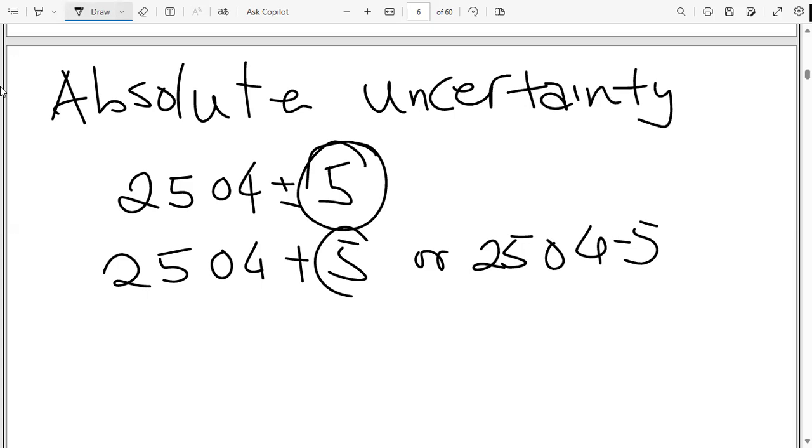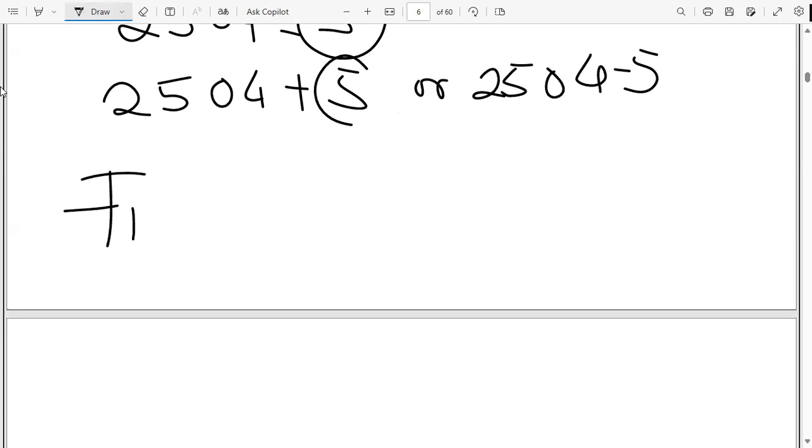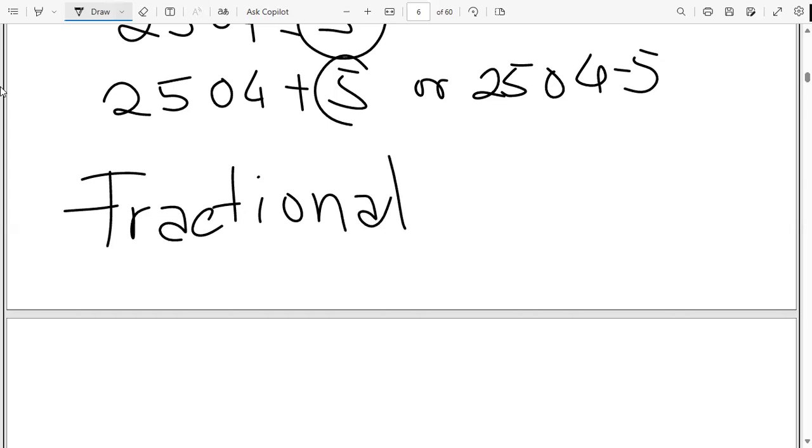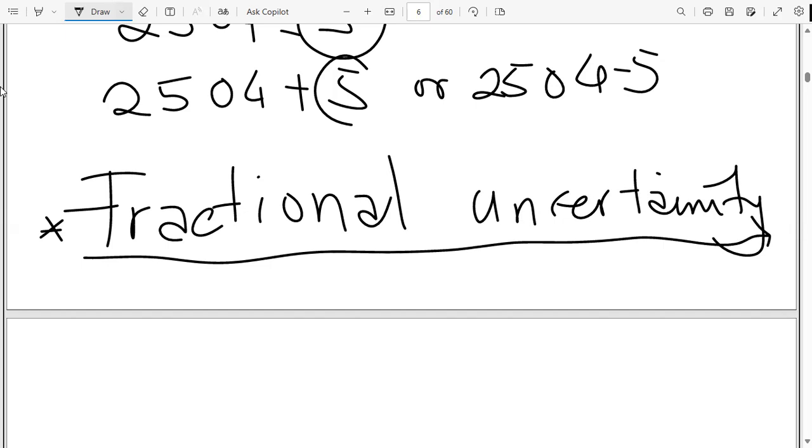Then there's also what we call fractional uncertainty. It is as simple as you are seeing it. If we say fractional uncertainty, what does that mean?